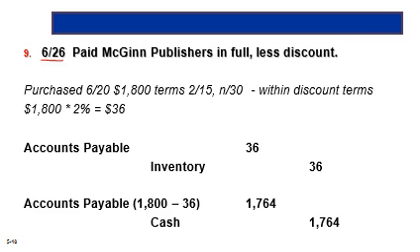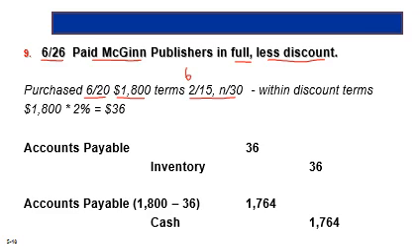On the 26th, we're going to pay McGinn in full, less their discount. So we purchased on the 20th $18,000 of product, and our terms were 2/15 net 30. So on the 20th, we had 15 days terms.